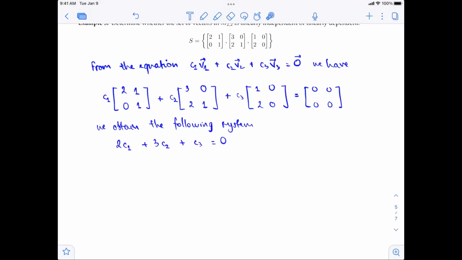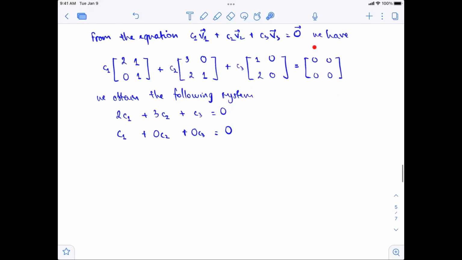Now for the second component, you have C1 plus 0 C2 plus 0 C3 equal to 0. The third equation comes from the next entry: 0 C1 plus 2 C2 plus 2 C3 equal to 0.